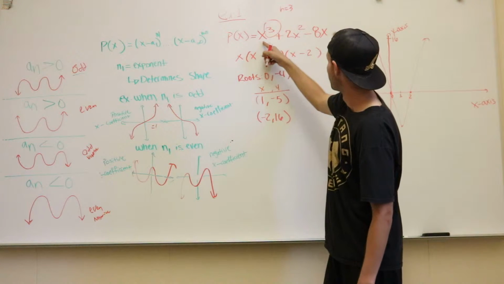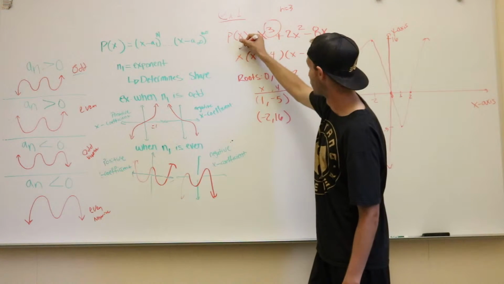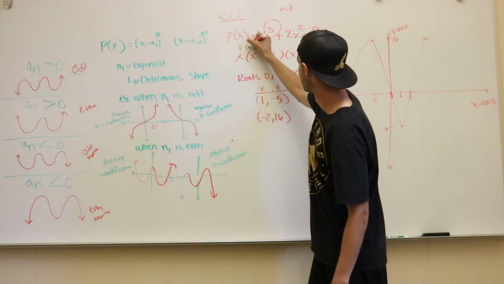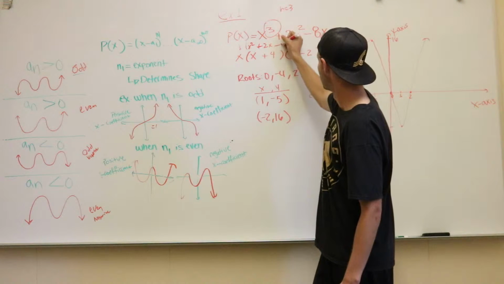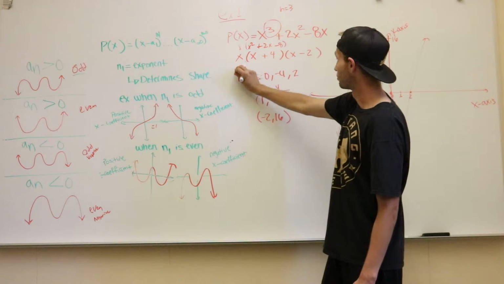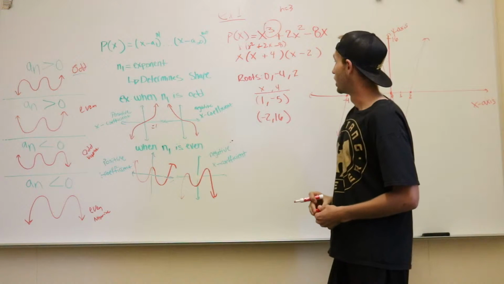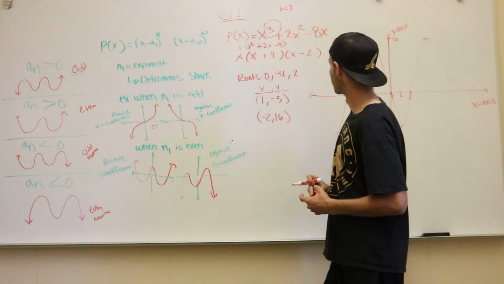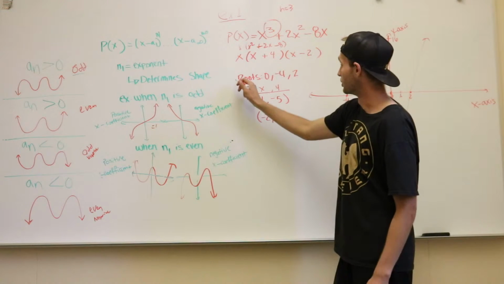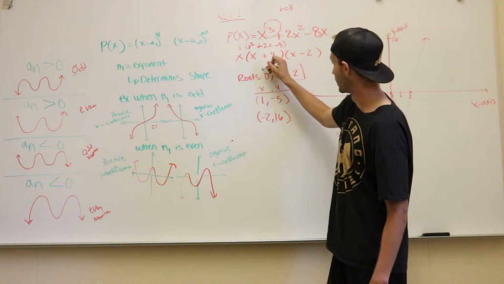So basically what we can do right here is factor out an x first and foremost. So you'll get x times (x squared plus 2x minus 8). And then furthermore, we can factor that into x times (x plus 4) times (x minus 2). And that'll yield you your roots, which basically are 0, -4, and 2.